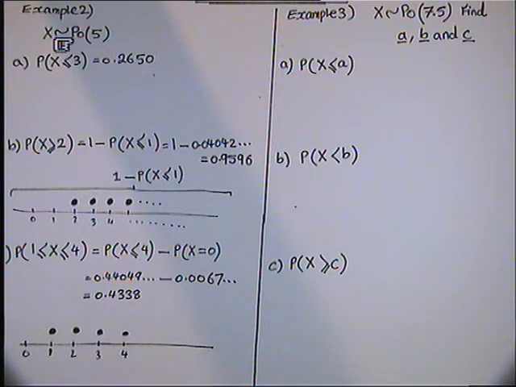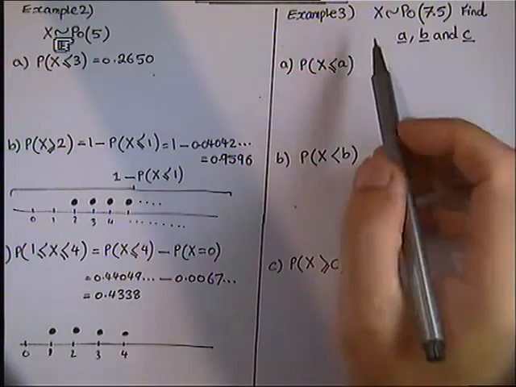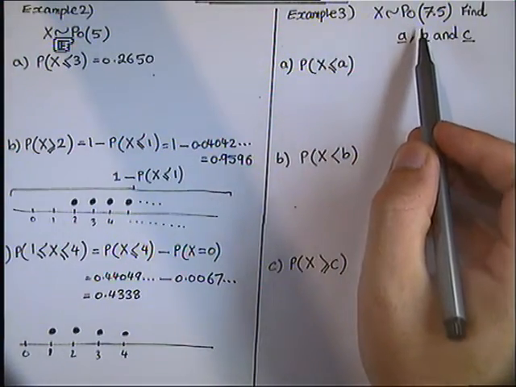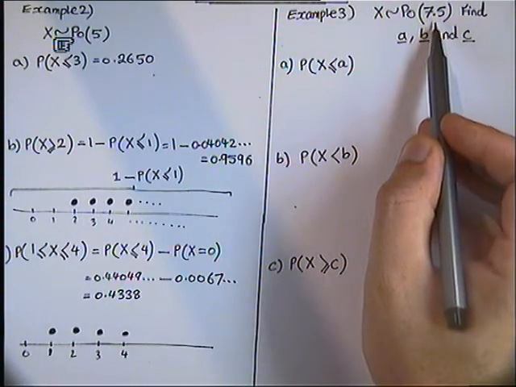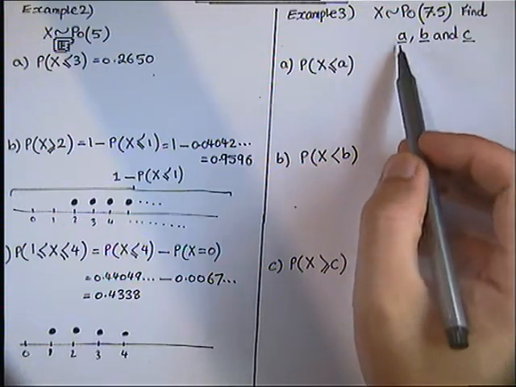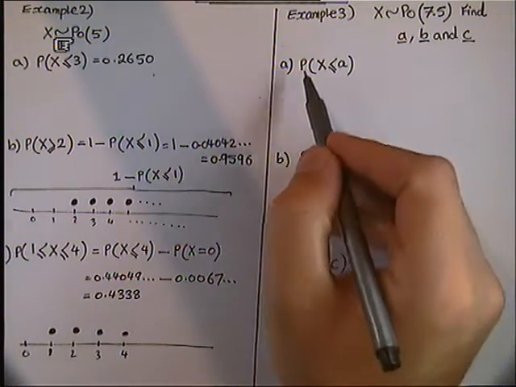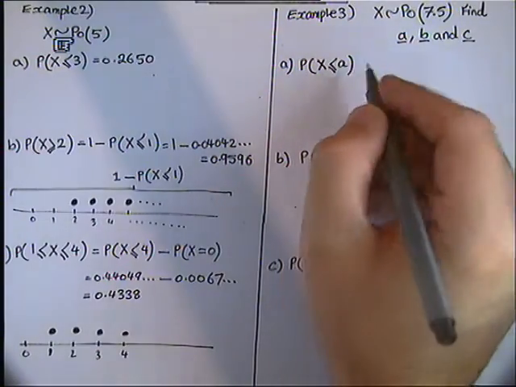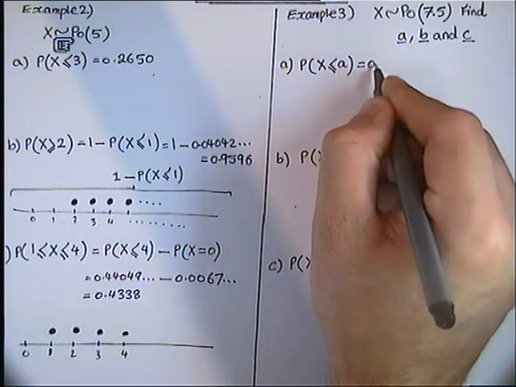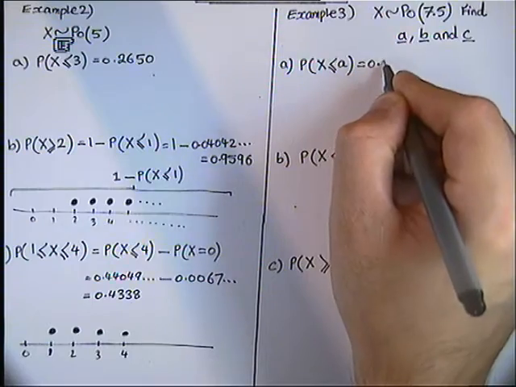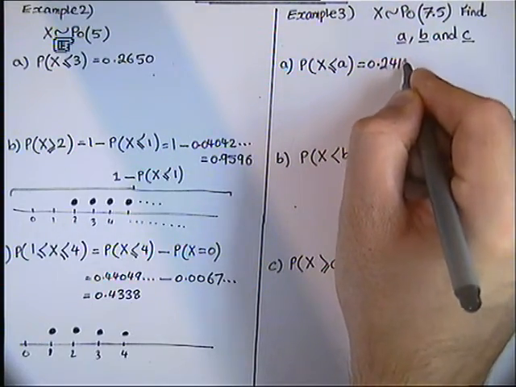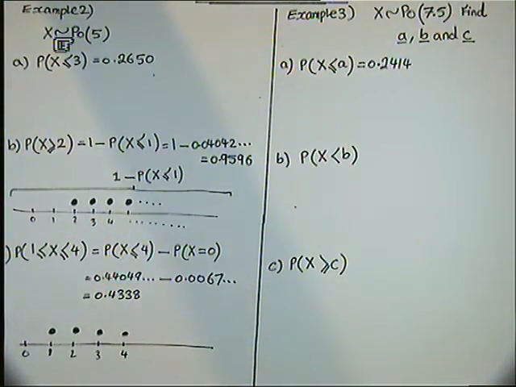So, example 3. X follows the Poisson distribution with lambda of 7.5. Find A, B, and C. I have to complete this one first. Probability of x less than or equal to A is given, which is 0.2414.